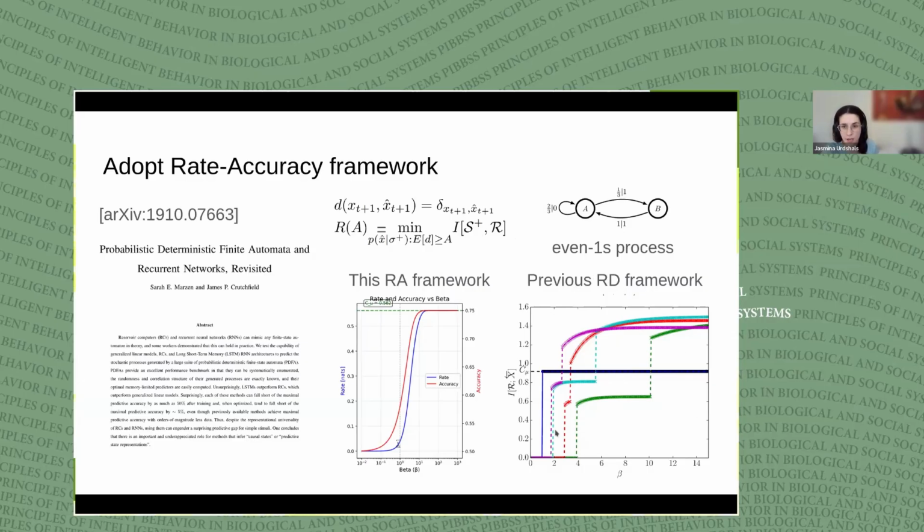So we have the same picture that I showed in that slide here for the previous rate distortion framework. Again, just focus on the dark blue line. And we see on the left-hand side that for the rate accuracy framework we have, again, a single transition, as we do here. In the blue curve, that is the rate curve, it is somewhat smoother, and that's for reasons that I cannot fully explain, but it's just a numerical artifact of how the optimization procedure works.